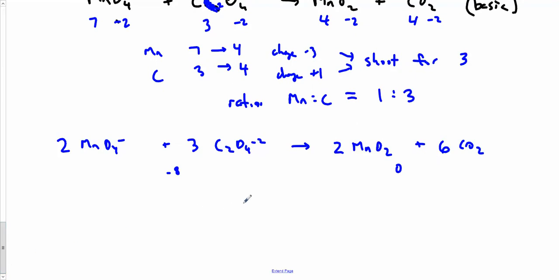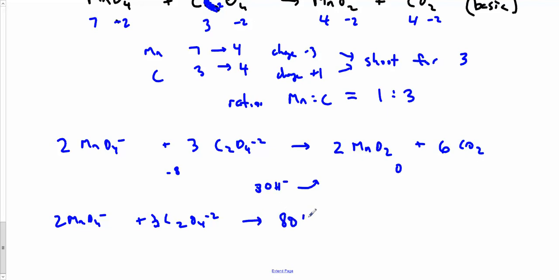So I need to add in some OH minus to balance it, and I'm going to balance it by putting 8 OH minus over on this side. 2 MnO4 minus. I need 3 of these C2O4 minus 2s. I need 8 OH minus. I need a 2 MnO2. I need a 6 CO2.